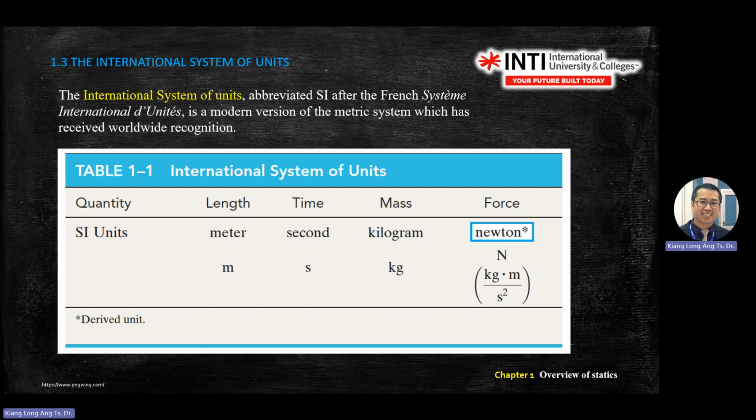So Newton, if you write in SI units, F equal to ma, the equation you learned today. Force is Newton. Have you learned dimensional analysis? No. Okay. Mass is what? Kilogram. Acceleration? Meter over second squared. You combine these two, you get this one.